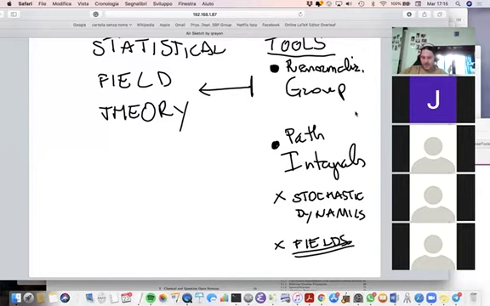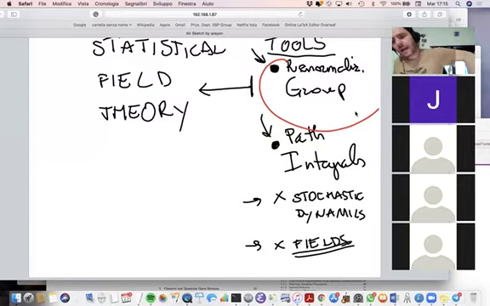But I would say these two will emerge in a couple of parts in the course, not throughout the course, while these two concepts or tools will be ubiquitous in this course and really are the main addition I'd like to provide to your understanding of theoretical physics. And today, I will begin talking about the renormalization group as a first step into this course.